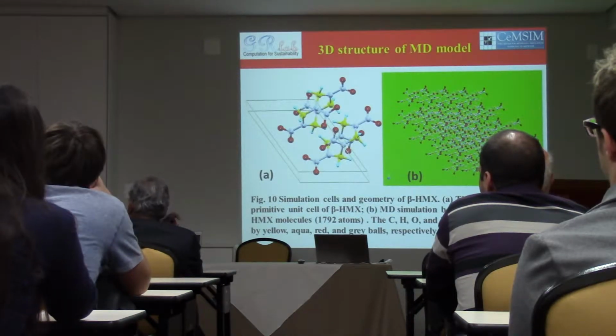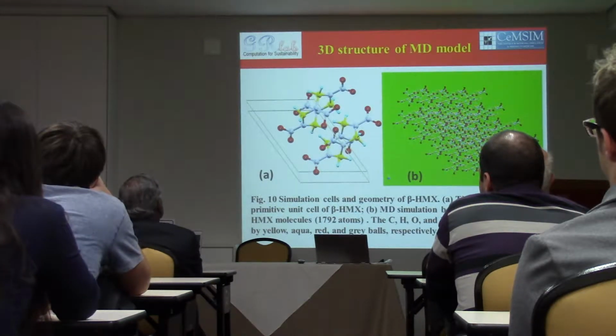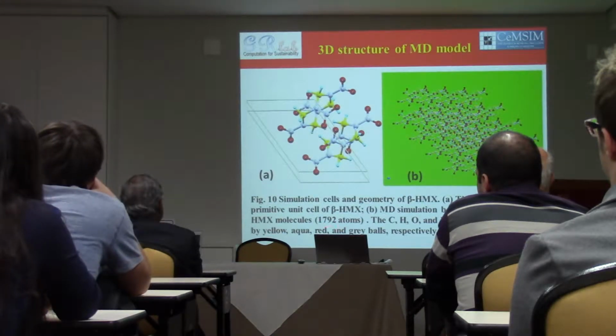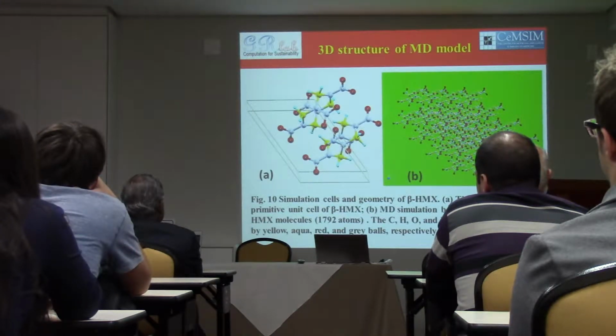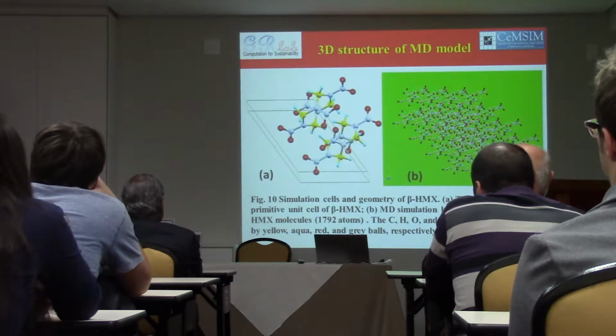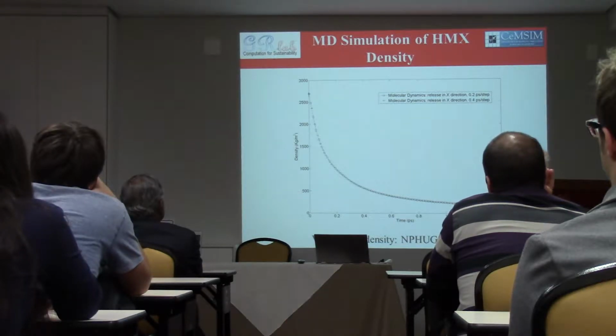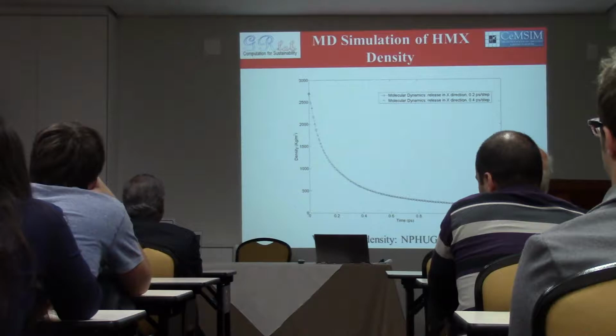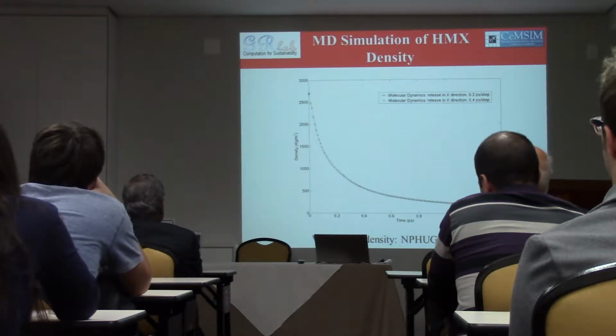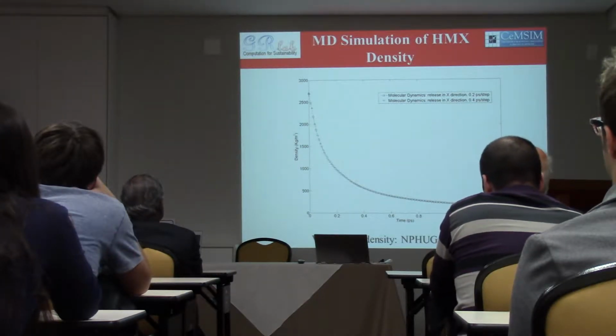The second model we built uses a lot of atoms. It's about 1,792 atoms for beta HMX. So we use a different model and a different ensemble to simulate the process.